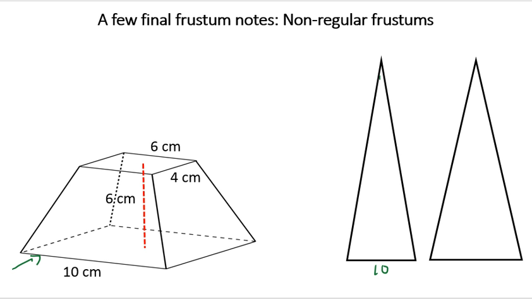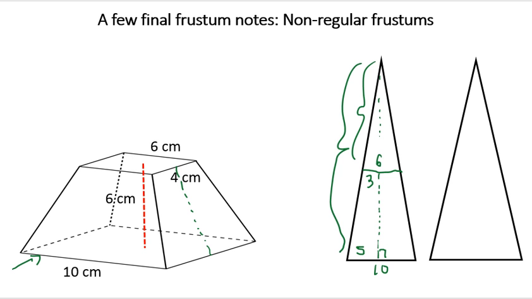So we'd be finding this slant height over here. That's 10. We know that the top portion is 6. With 6 and 10, we know this is 5, this is 3, and use the Pythagorean theorem to find that height and the whole height.